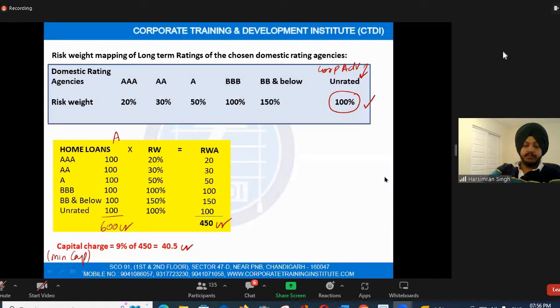Yes, Madam Priya, for this mapping process, you have to remember this chart of mapping. The AAA is mapped at 20%, AA 30, A 50, triple B 100, double B and below 150, unrated 100.